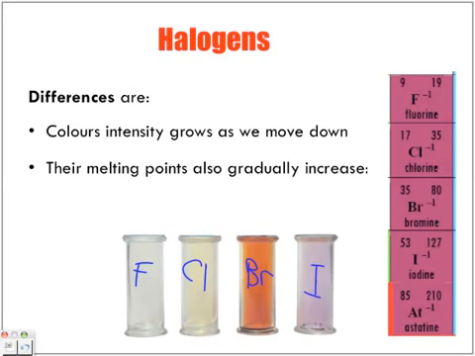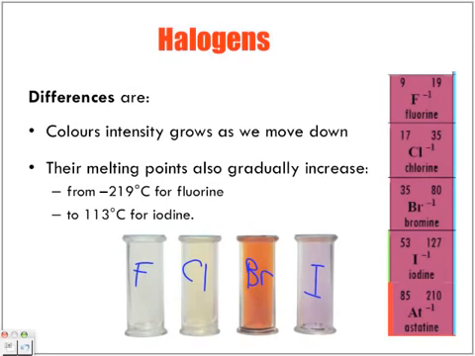Their melting points also gradually increase as we move down. Fluorine melts at -219 degrees Celsius, but if we go further down to iodine, the melting point goes to 113 degrees Celsius.